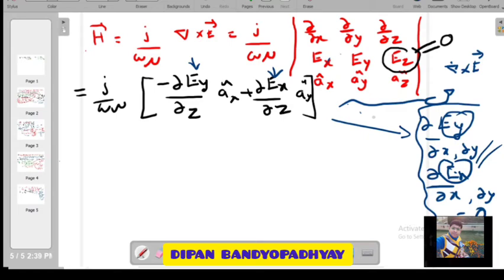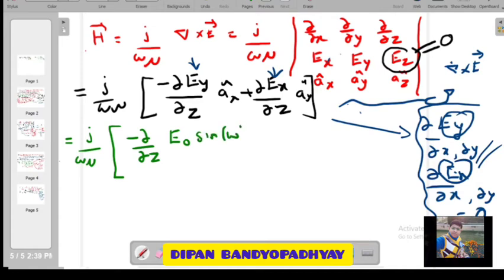So if we proceed further, j by omega mu, I am keeping it as it is. Now minus del by del z of Ey. Ey given is E naught sine of omega t minus beta z, along the ax unit vector.